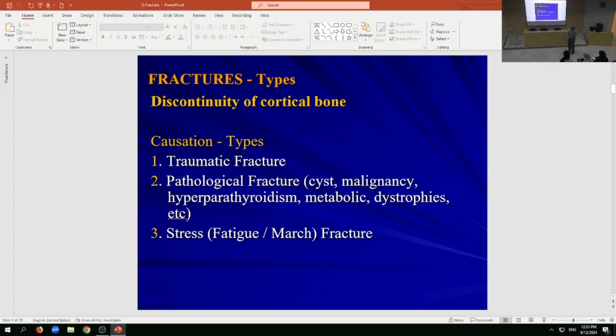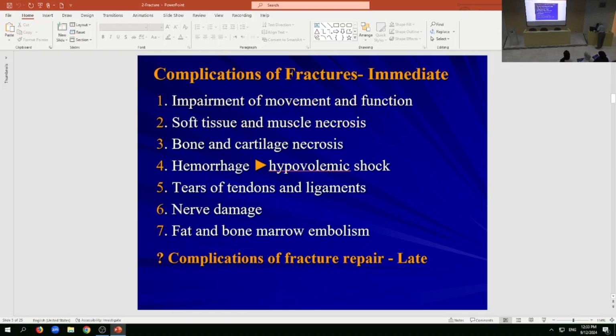Cortical, not the woven bone, not any other types of bone, only the cortical ones. The cause is trauma, this is the commonest one, but there are pathological fractures if there is a disease of the bone itself. And there is also this stress fracture, which I said I will cover briefly.